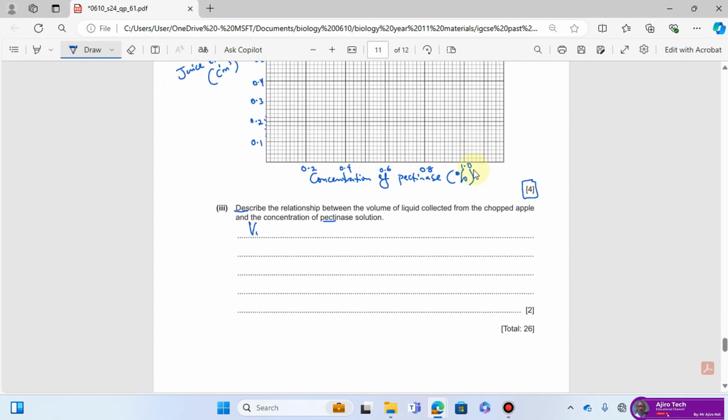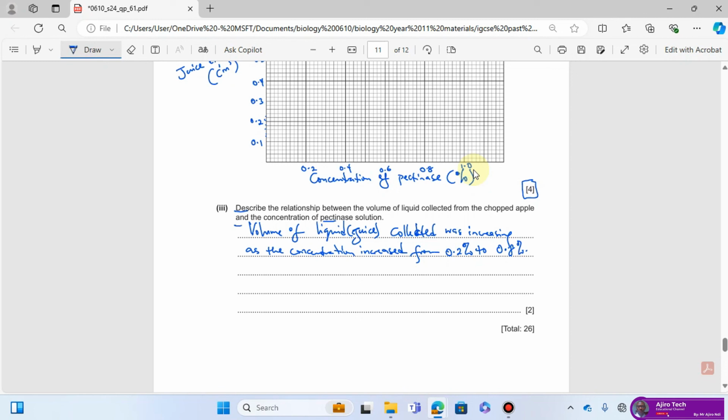You say the volume of liquid, that's the juice now, juice collected was increasing as the concentration increased from 0.2% to 0.8%.